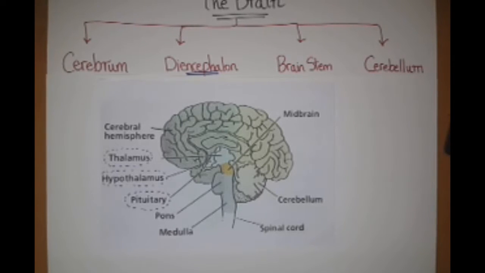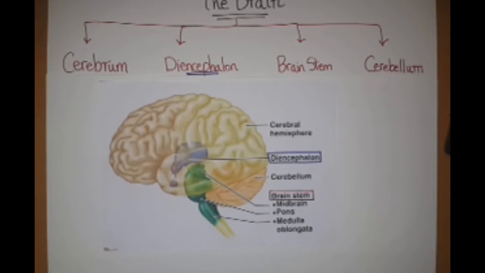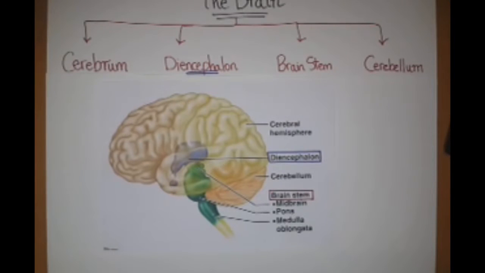Maybe you are familiar with this terminology, as the hypothalamus is one of the glands responsible for releasing many hormones, and the pituitary is the master gland, for example in sex hormones, which we'll discuss later in the course. So that's for the diencephalon.